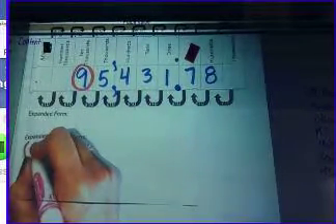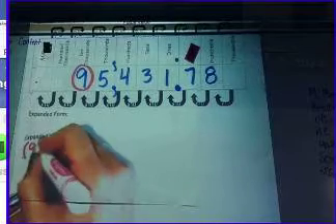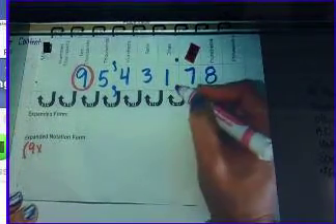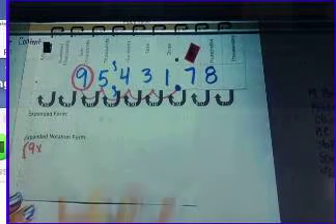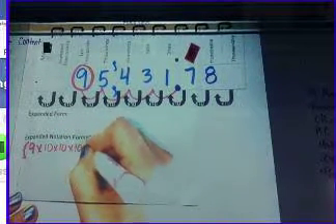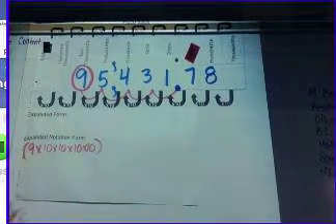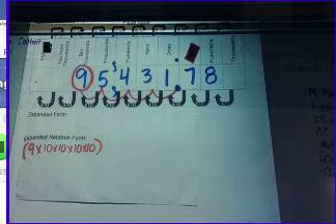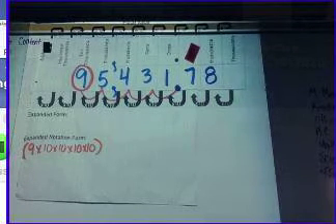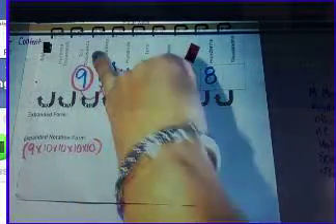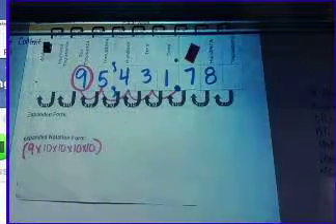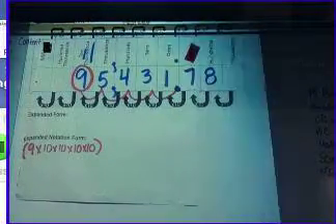Remember, we start in parentheses, 9 times, and then we go times 10, times 10, times 10, times 10. I did 4 times 10s. So we have 9 times 10 times 10 times 10 times 10, also known as 9 times 10,000. 9 times, here's the value, 10,000.